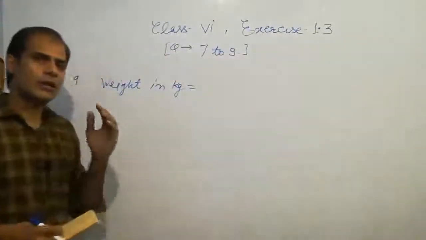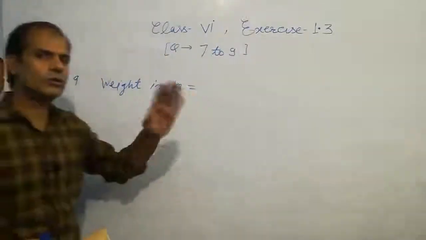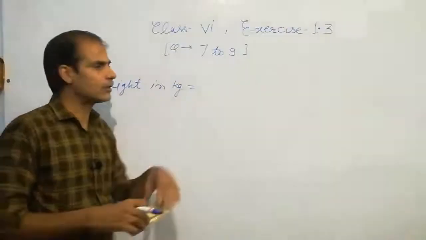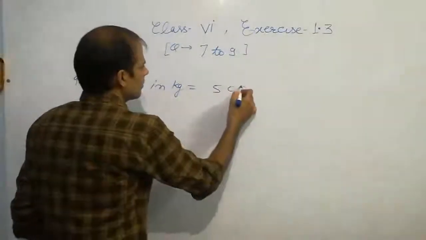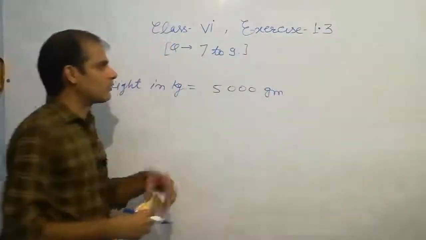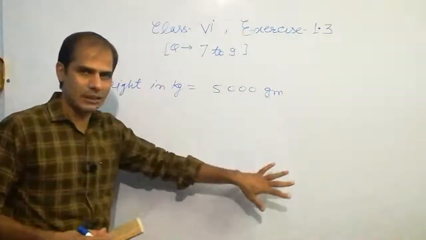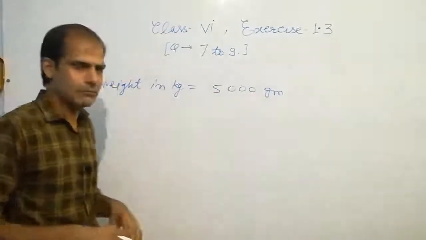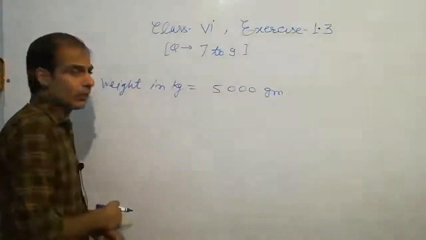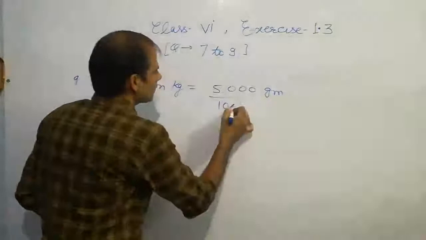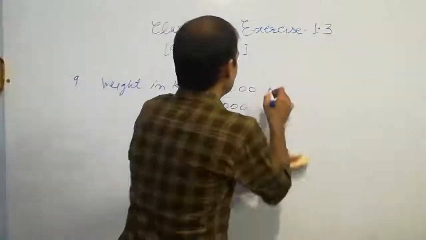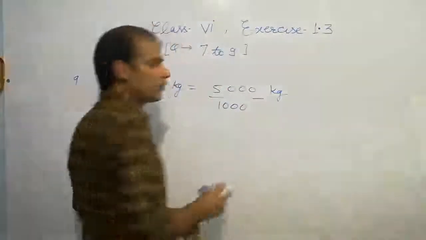You can convert kilogram from gram, don't use milligram, no need to use this. This is the weight of tablets in gram as we calculated in last step. So this is the weight in gram, we already calculated this. Divide it by 1000, then it will be in kilogram.